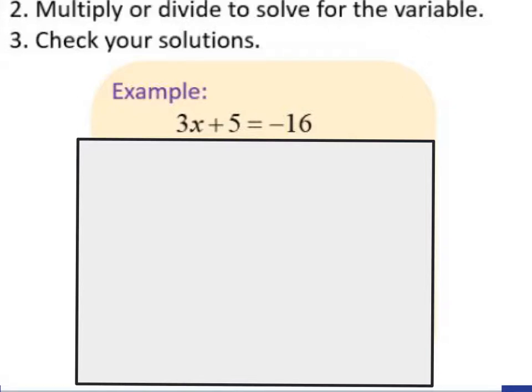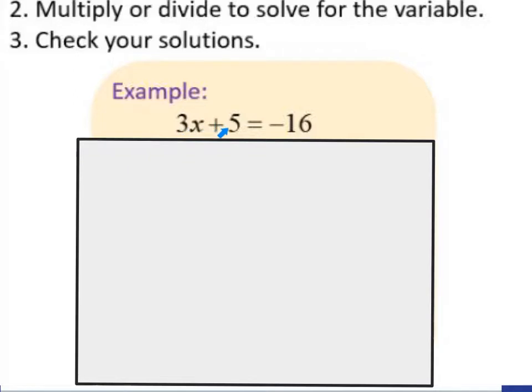I don't know what it is yet, but I do see that my mystery number is first being, what operation is this? Multiplied. x is first being multiplied, and then after it's being multiplied, it's being added to give me negative 16. In order to undo what's being done, first it's being multiplied, last it's being added.